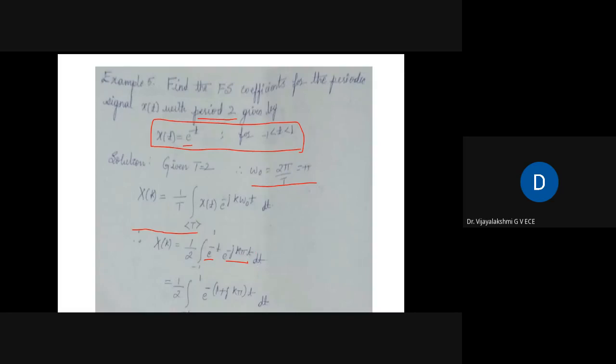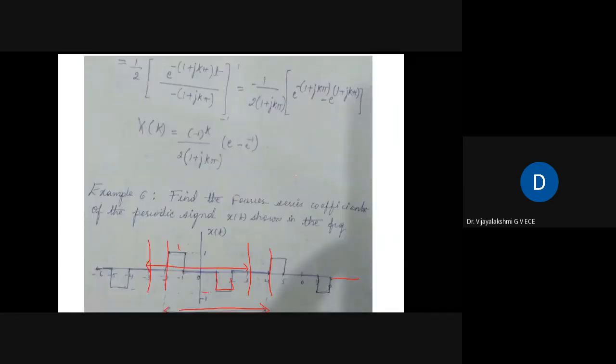Fine. So now combine these two exponential terms. I can take t as common. If I take t as common, I get e raised to minus 1 plus j k pi. Integrate and apply the limits. So 1 over 2, this is integrated, apply the limits.